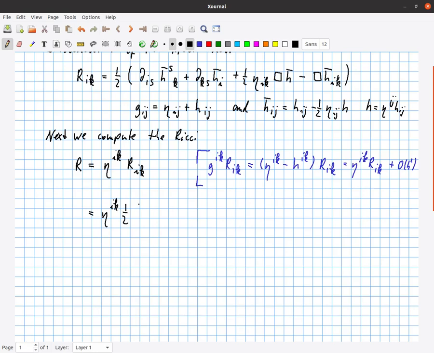We have here a 1/2 partial_i s h bar sk plus partial_k s h bar si, there was my s missing, plus 1/2 eta_ik, D'Alembert or just box h bar minus box h bar_ik.